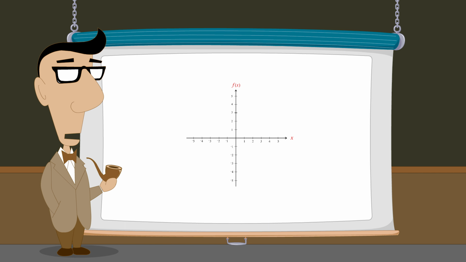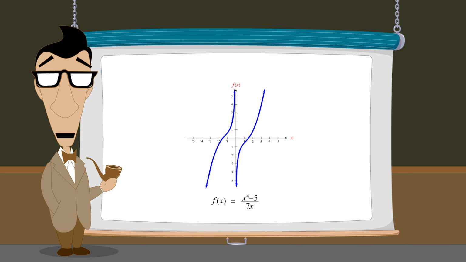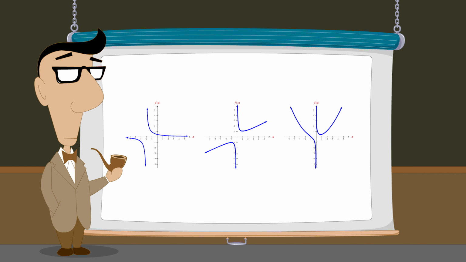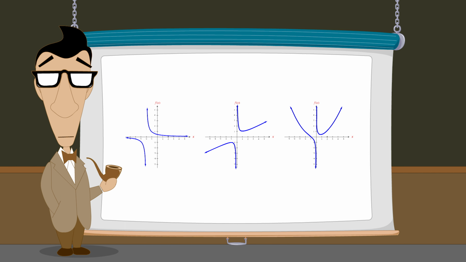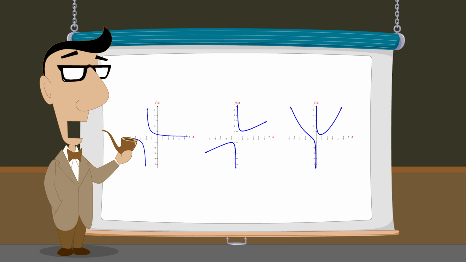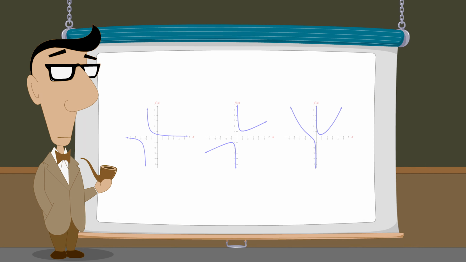And this rational function has a curvilinear asymptote described by the third-degree polynomial function 1/7 x cubed. We can determine which type of non-vertical asymptote a rational function has from its numerator and denominator's leading terms. So let's see how this works.